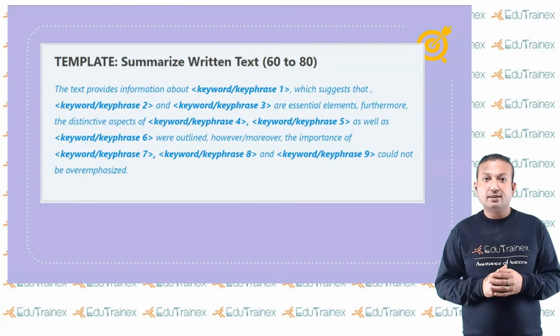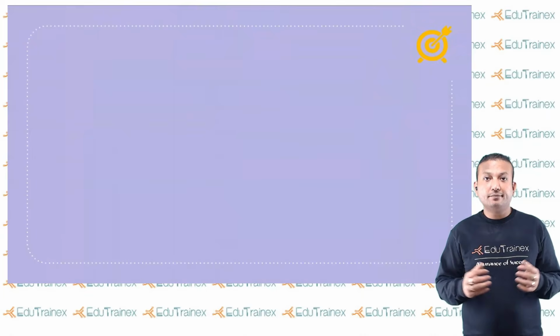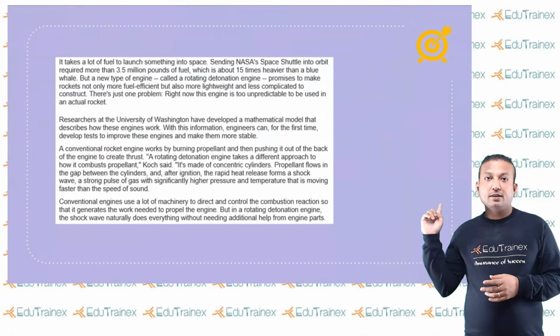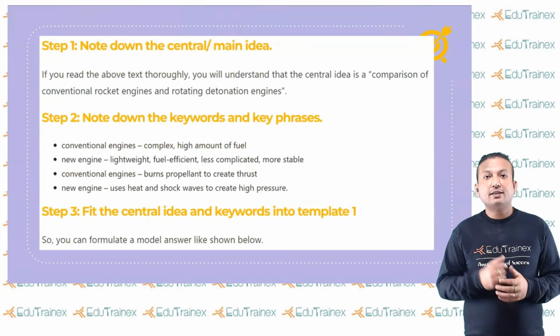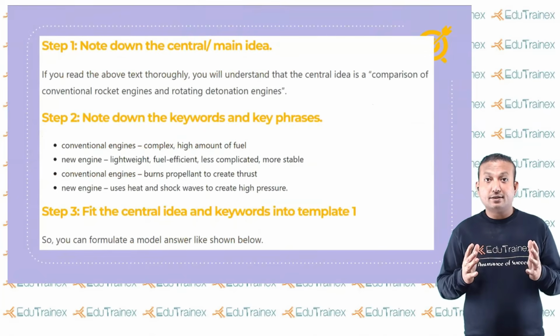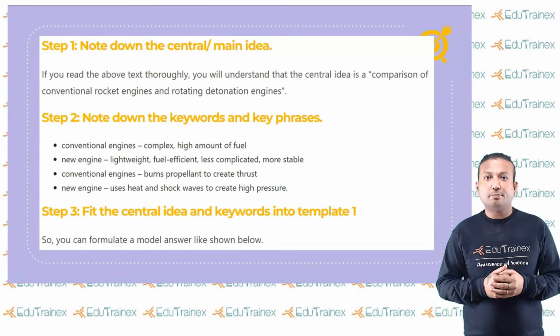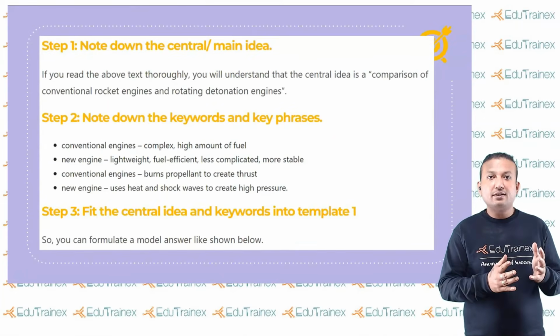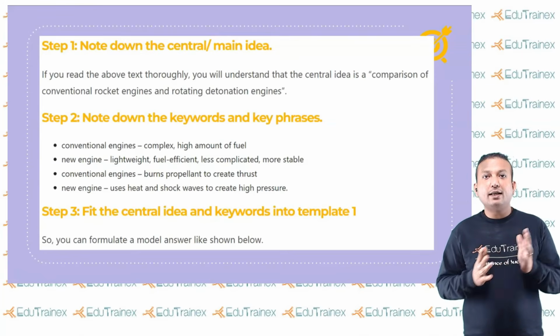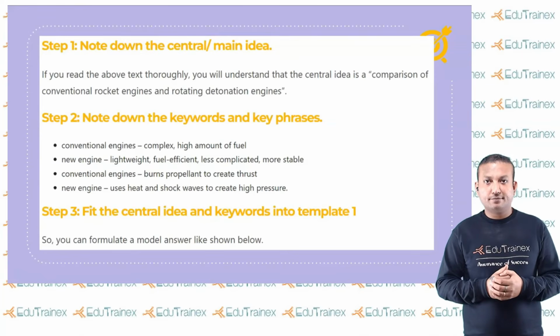So, I'm using the same passage as we did earlier, which was about the engines. Step 1 for using the template is to find out the central idea or the main idea of the passage. In this case, it is the difference or comparison between the conventional and the rotating detonation engines.